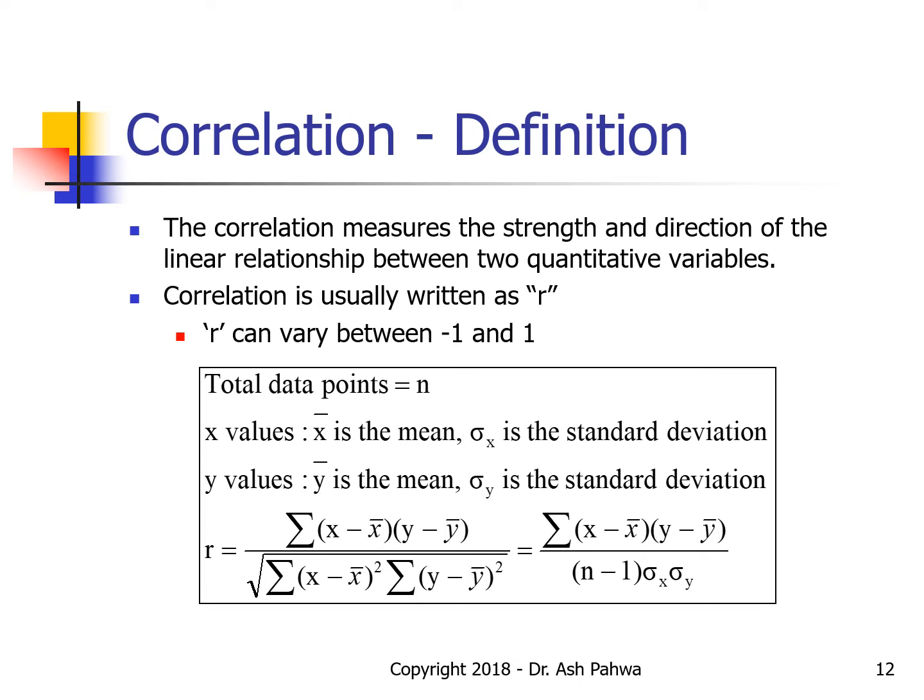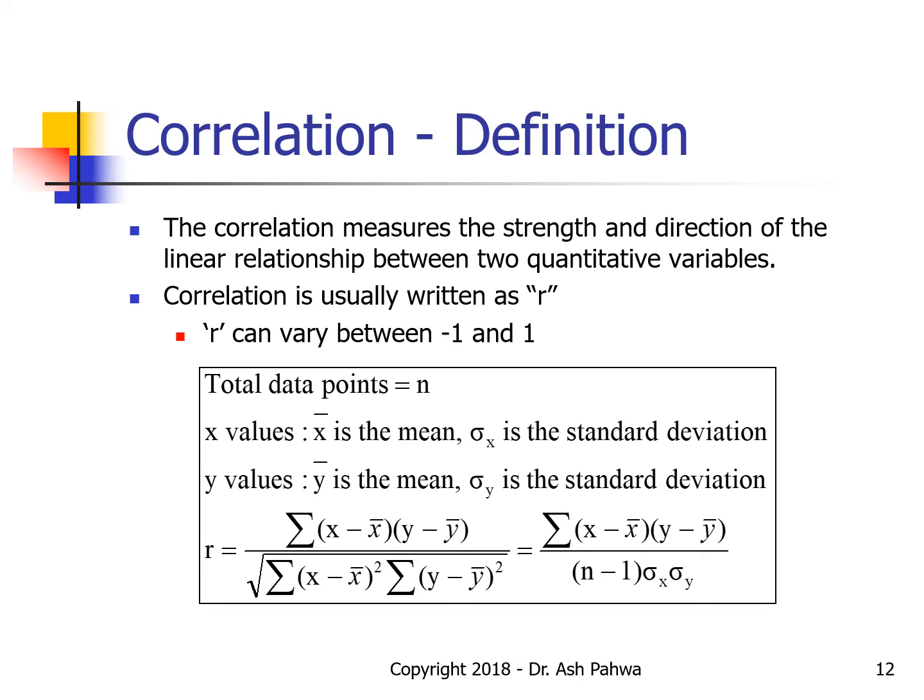Correlation measures the strength and the direction of the linear relationship between two quantitative variables. This metric is usually represented by a small letter r, which can vary between -1 and +1. So to compute the value of correlation, we just divide the covariance by the standard deviation of x and the standard deviation of y.